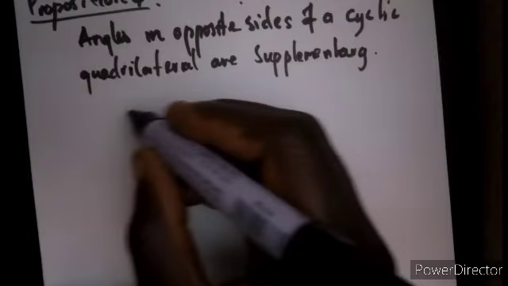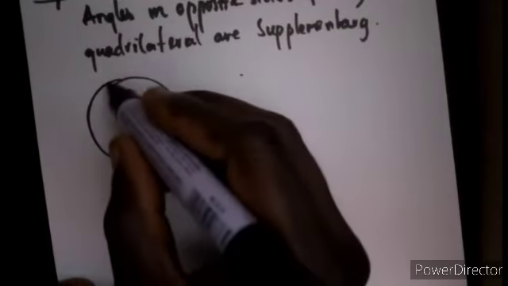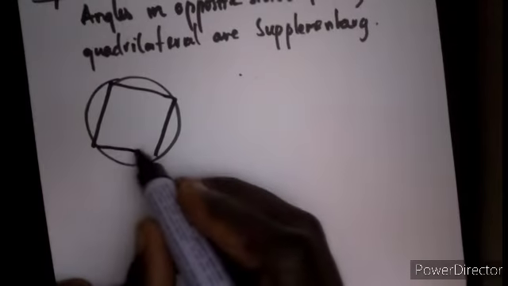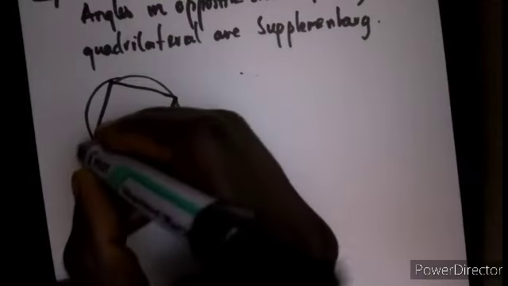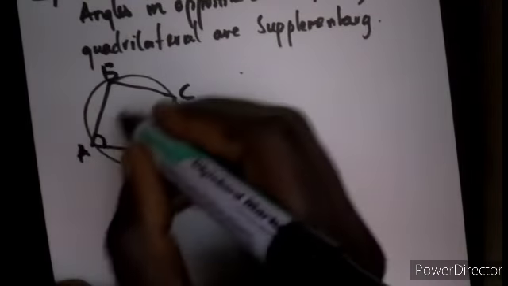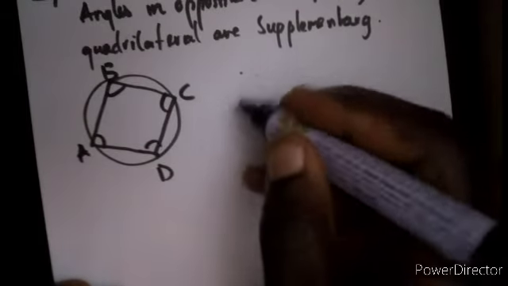So we can take a picture here. I call this A, B, C, and D. We are saying that these opposing angles are clearly supplementary.